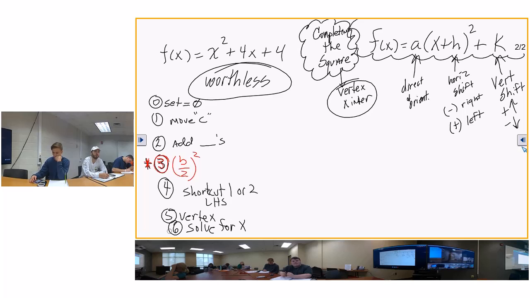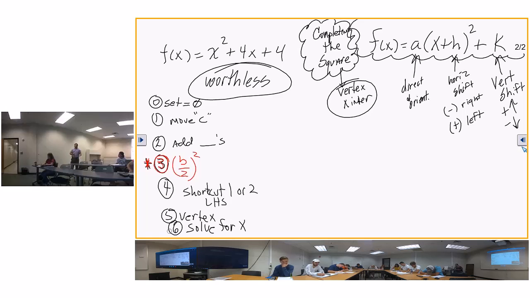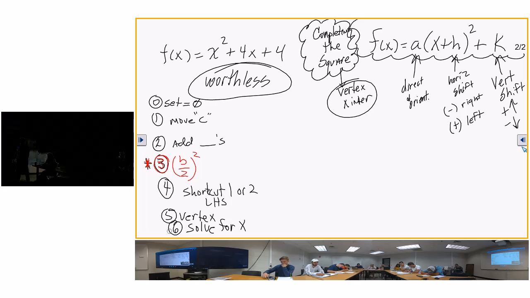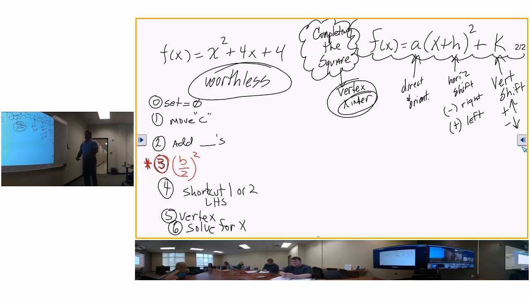If you set y equal to 0, you're finding your x-intercepts. If you set x equal to 0, you're finding your y-intercept. You need to write that down since none of y'all answered it.